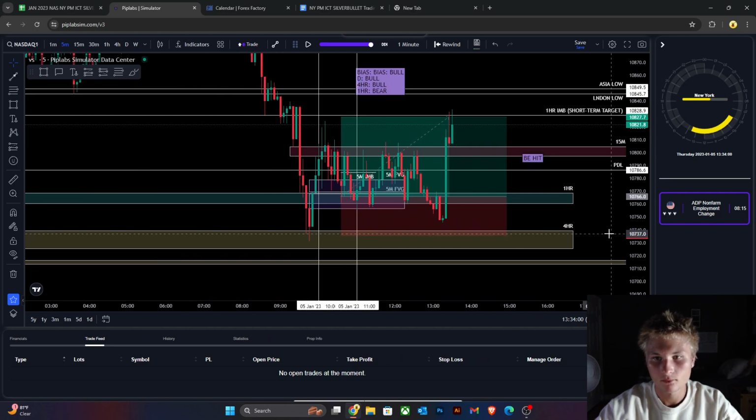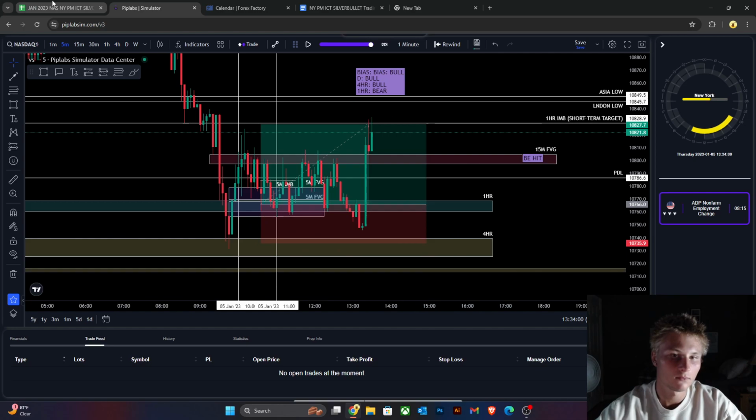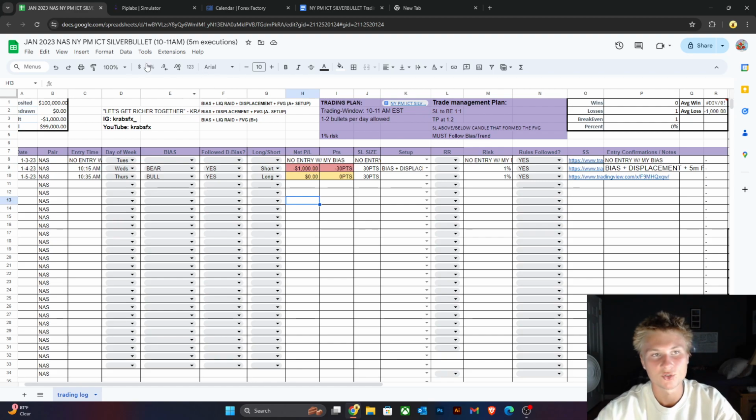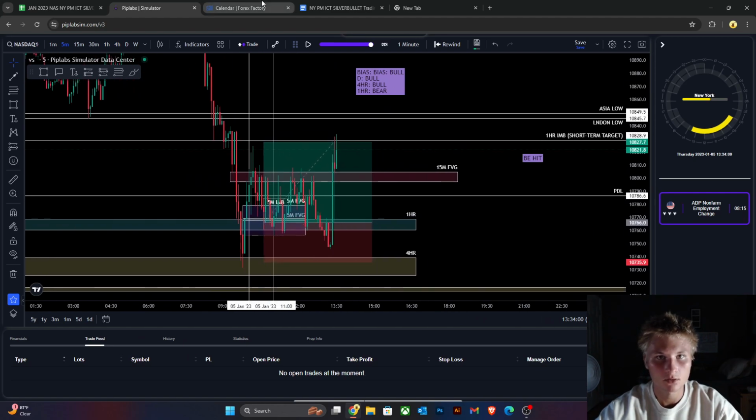So that's what I mean by this session was good. Even though the results aren't the best right now, we only took 2 trades, so you can't judge anything about strategy from 2 trades, that's for sure. But yeah, bias is playing out nice.